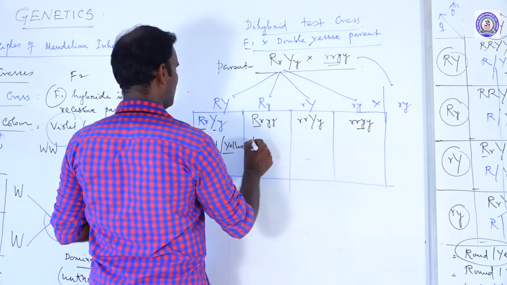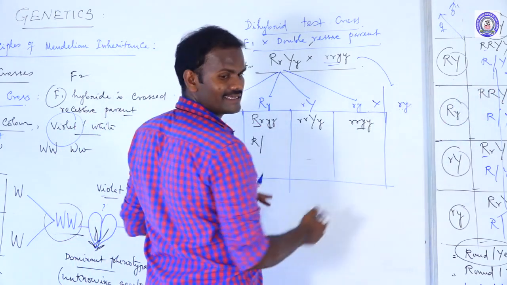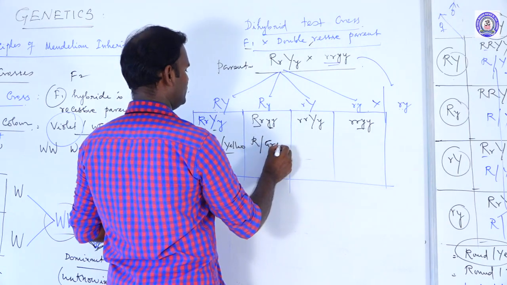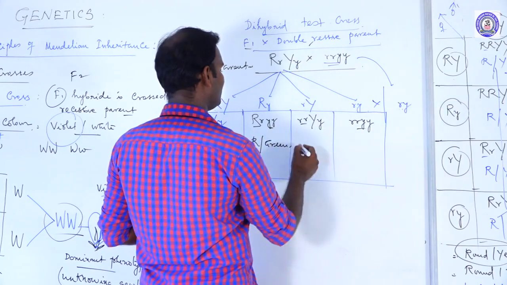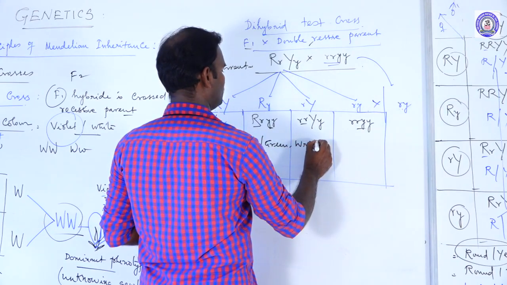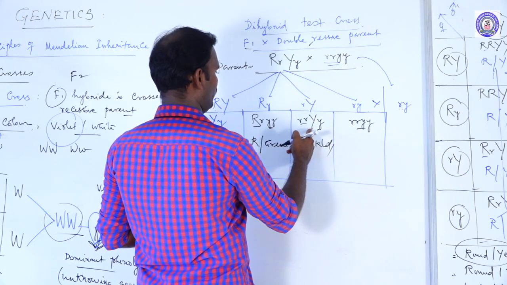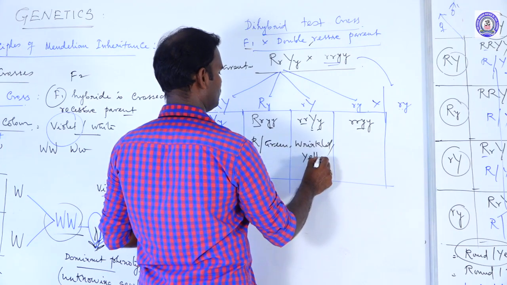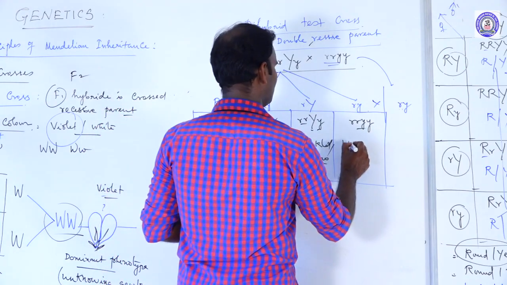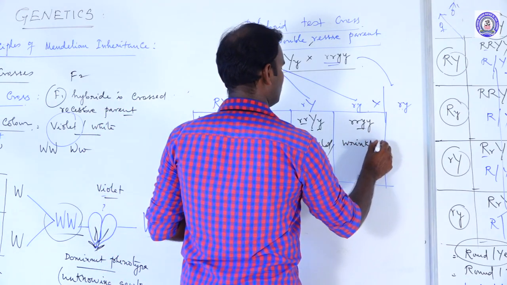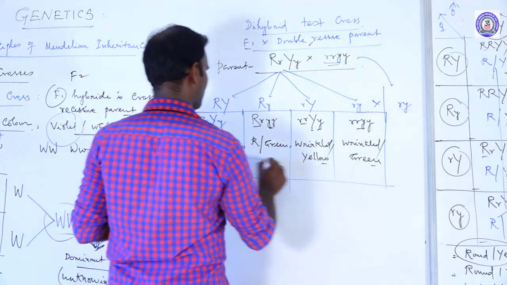And here capital R round, small y is green seed. And small r is a wrinkled seed. Wrinkled seed with capital Y, that is yellow. Small r wrinkled with small y green.